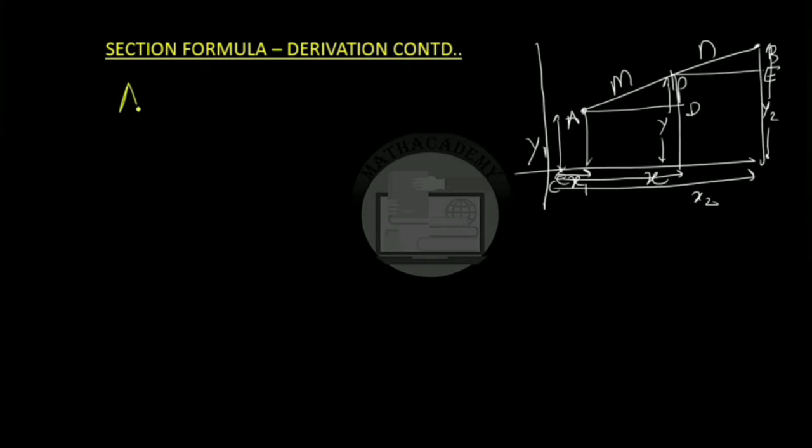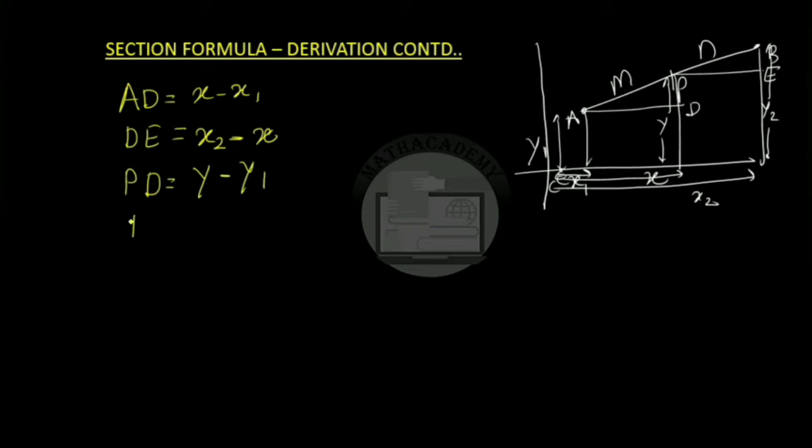AD I can write as x minus x1. Similarly, PE can be written as x2 minus x. PD can be written as y minus y1, and similarly BE can be written as y2 minus y.